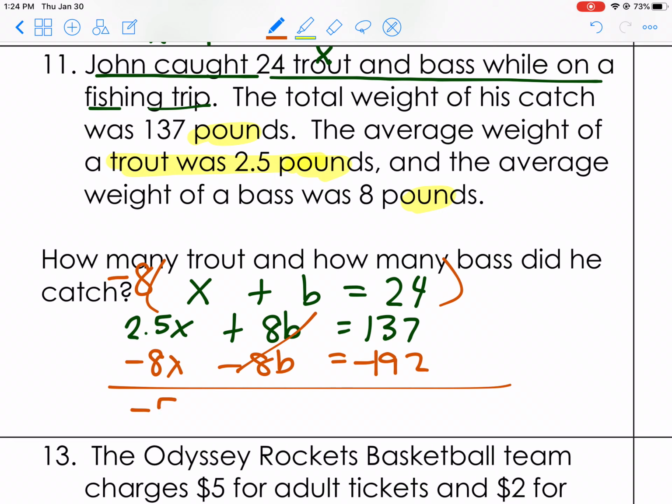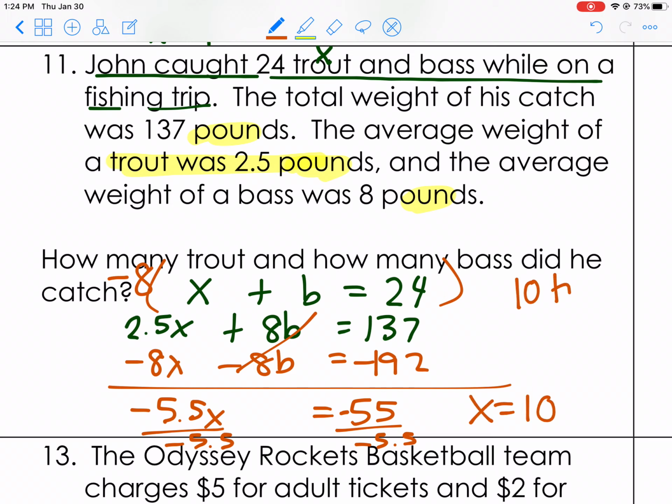And I'd get -5.5x equals -55. Divide by -5.5, and we'll get 10. So that means he caught 10 trout.